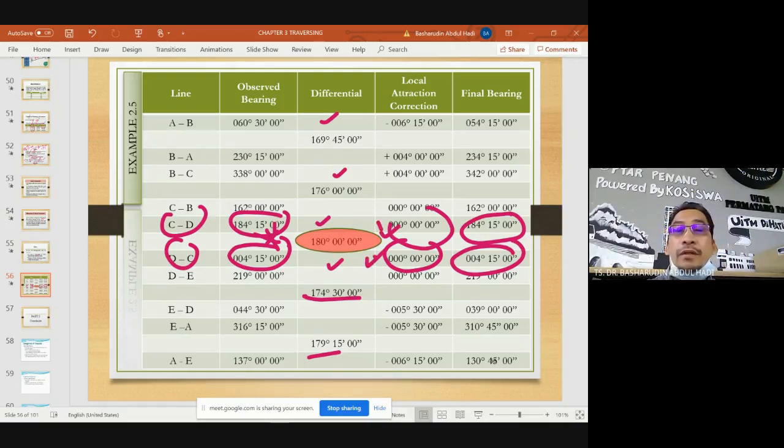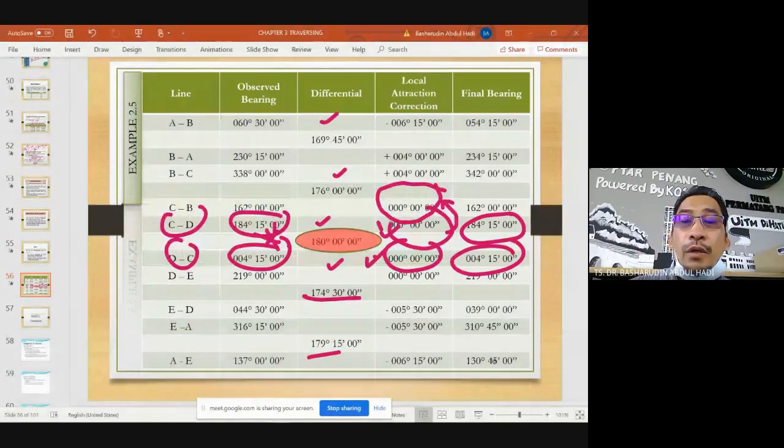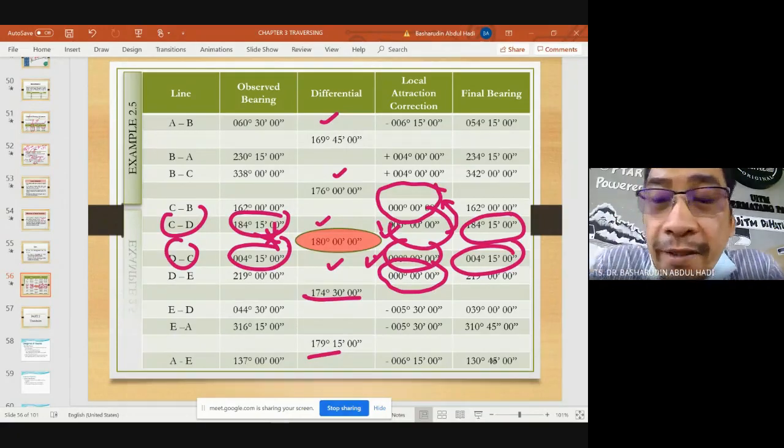When you finish this one, for CB also you put no correction because we consider this one is fine. And for DE also, we manage to get 0 because we consider this line is right.